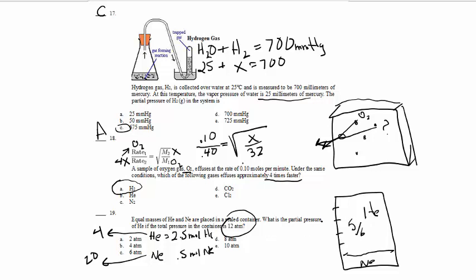So out of 12, assuming, like, say these were all 2 atmospheres, dividing the 12 up into 6 pieces, then helium represents 4 atmospheres, so the answer should be B.